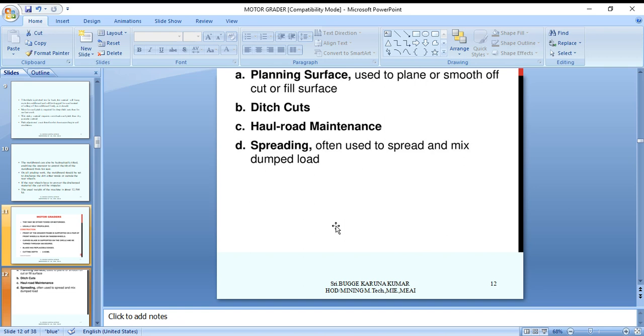This is one advantage of the road grader. The basic operations are all road related: planning surface, ditch cuts, haul road maintenance, and spreading and mixing of dumped loads. These are the four basic operations of road graders.